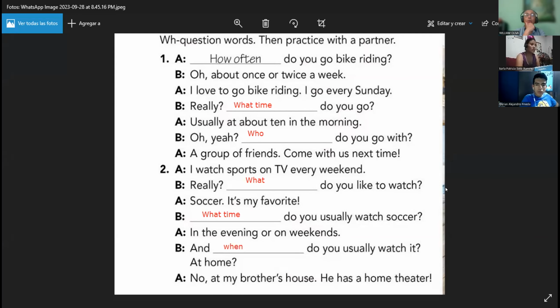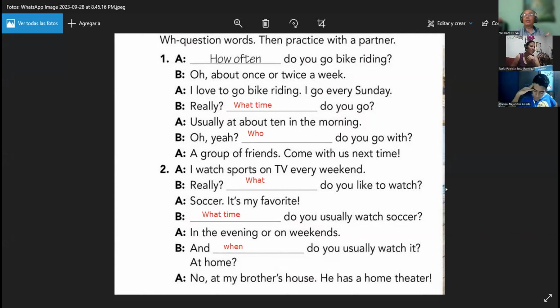Every Sunday. What time do you go? What do you like to watch? What time do you usually watch? When do you usually watch it? What time do you usually watch soccer in the evening or weekends? When do you usually watch?